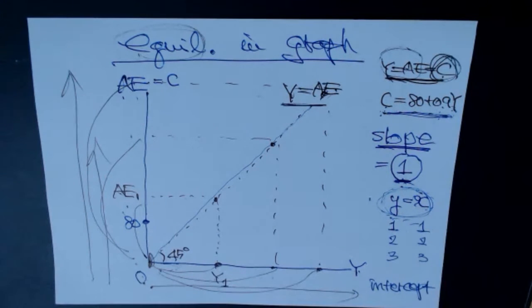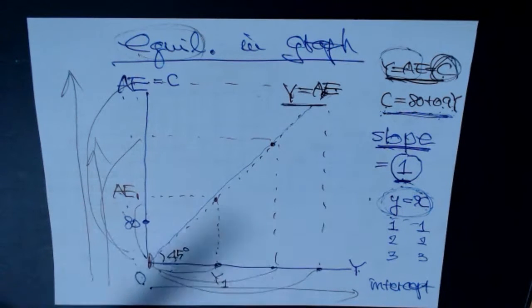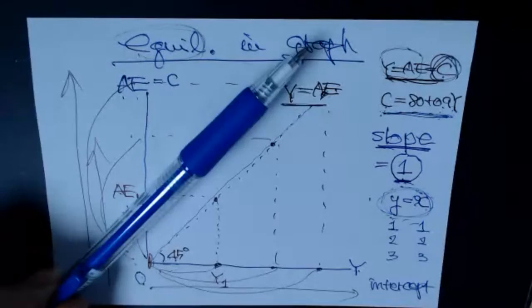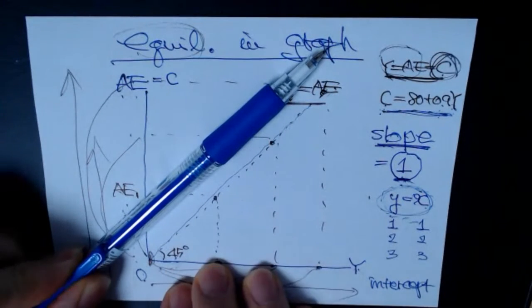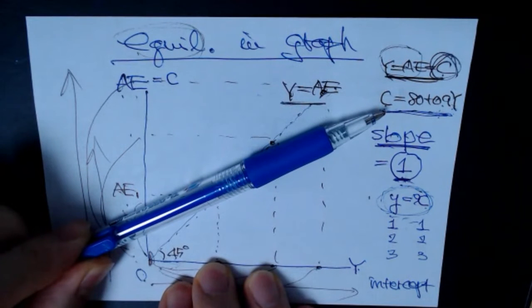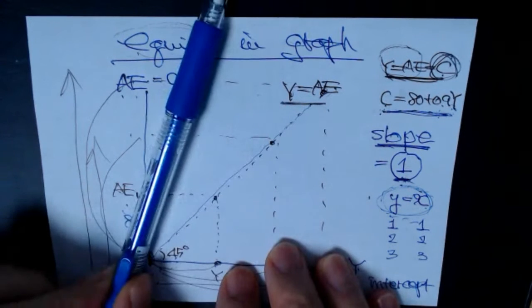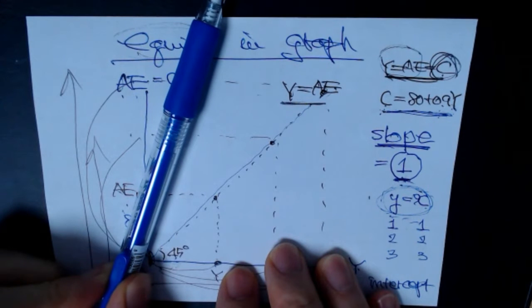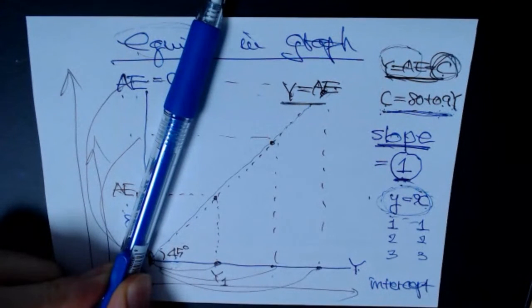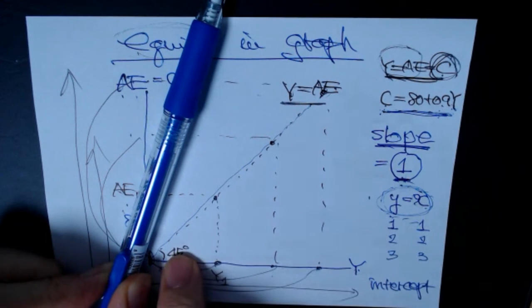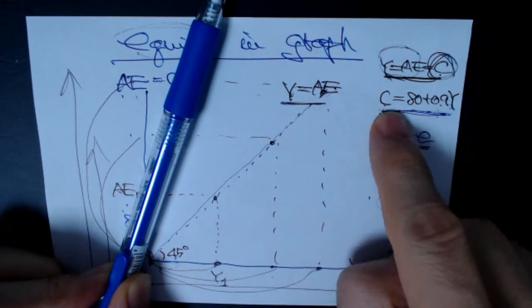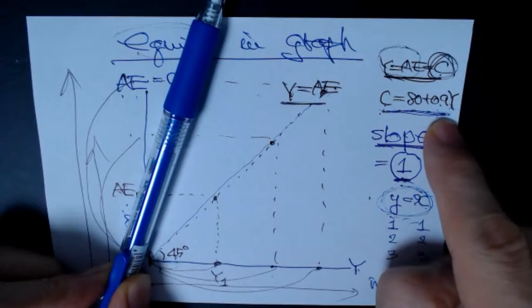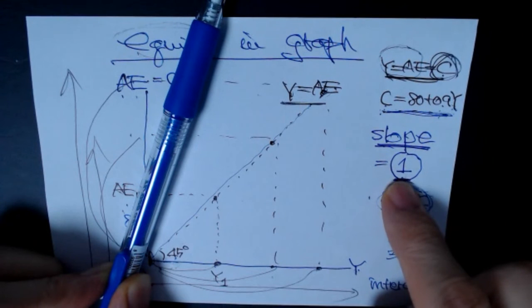So we have a question whether the slope of the consumption function is equal to this 45-degree line, or flatter, or steeper than this 45-degree line, right? The 45-degree slope is 1, and the consumption function slope is 0.9, smaller than 1.